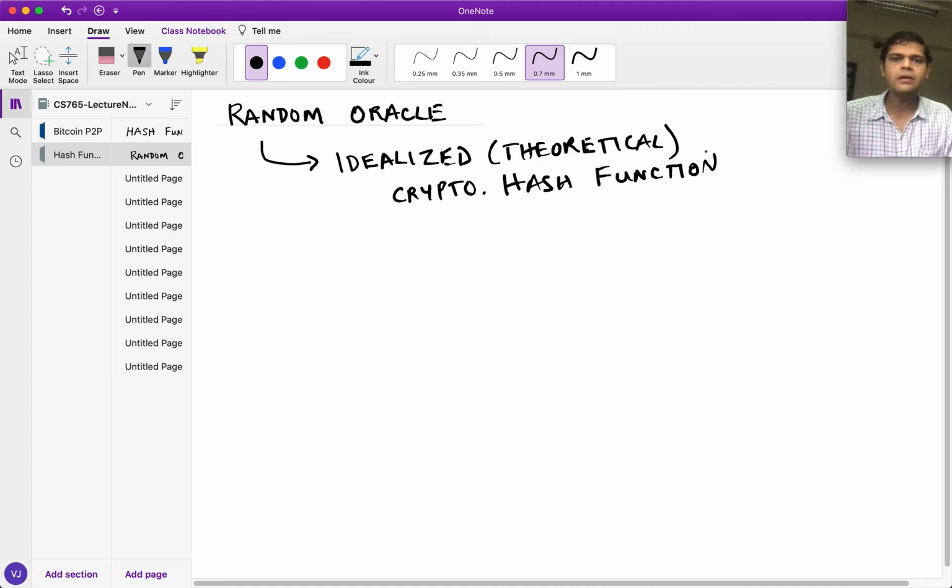No real world hash function is actually a random oracle, but theoreticians use a random oracle model for a hash function while analyzing protocols. So let's see what this random oracle is.